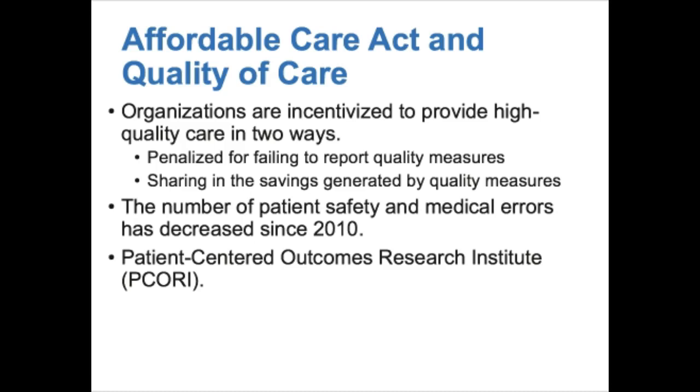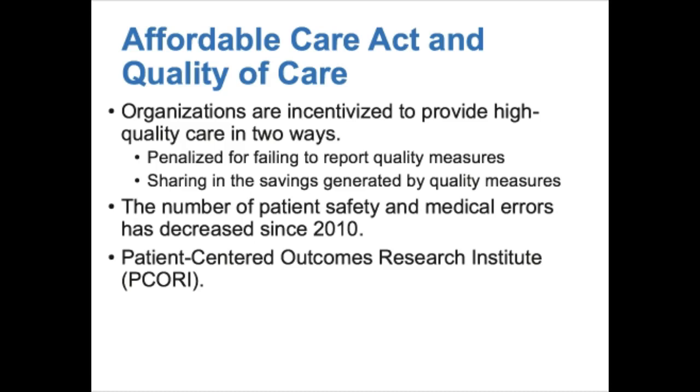Organizations are now incentivized to provide high-quality care because they don't want to be financially penalized for not meeting quality targets, and they want to benefit from the shared savings generated from implementing the quality measures.